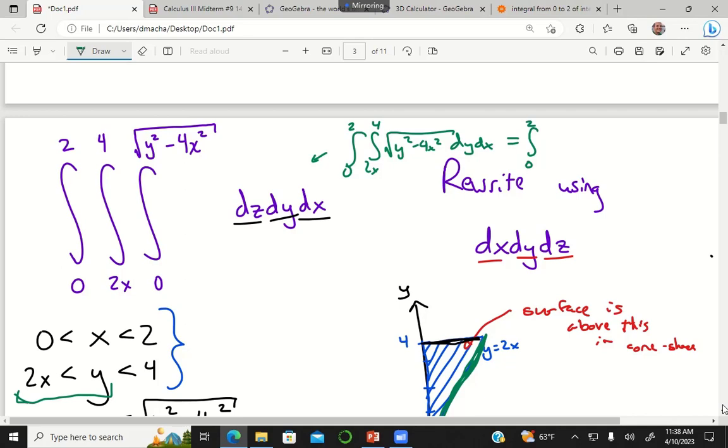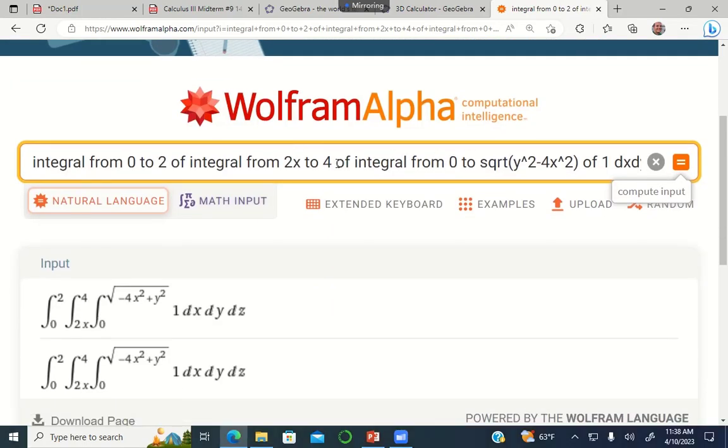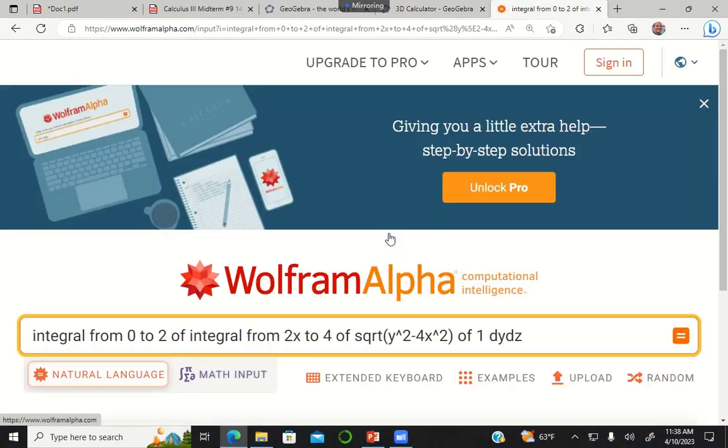So if I were trying to take the antiderivative of all that junk, let's put that in Wolfram Alpha and just do one step and see if it'll actually solve. So we don't have to say 0 to square root of all that. We can just do, of 1, that should be there.